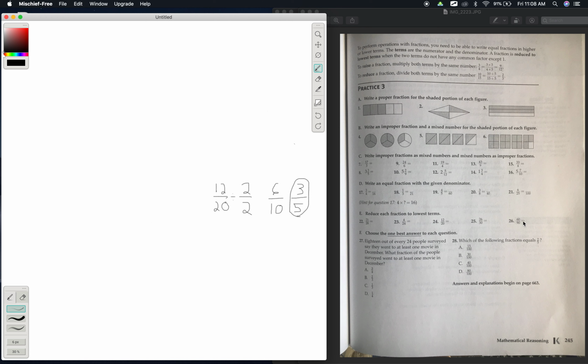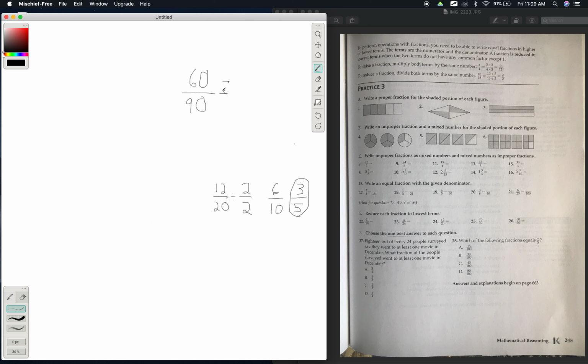Let's do one last one. 60 over 90. I'm not sure why I'm picking the largest number, making it hard on myself. Okay, again, I do know that 10 goes into 60. I know that 10 goes into both of these. It's probably another number that does as well, but we will see.